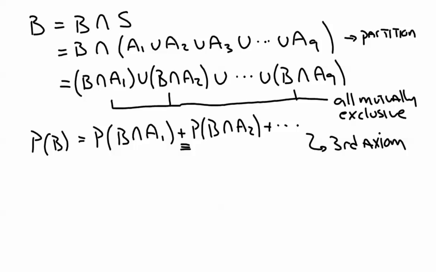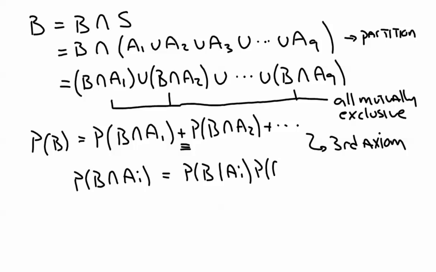All right. Recall then from conditional probability the following statement. Probability of B intersect A sub i equals the probability of B given A sub i times the probability of A sub i.